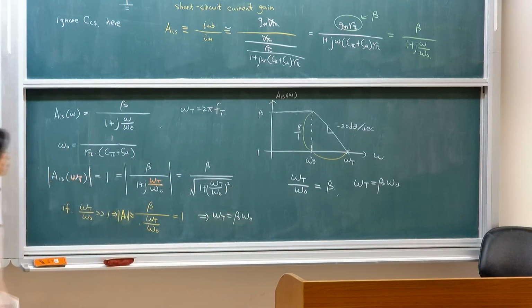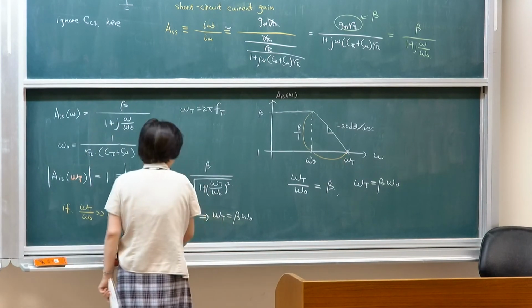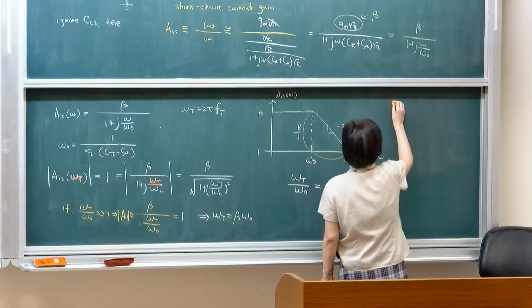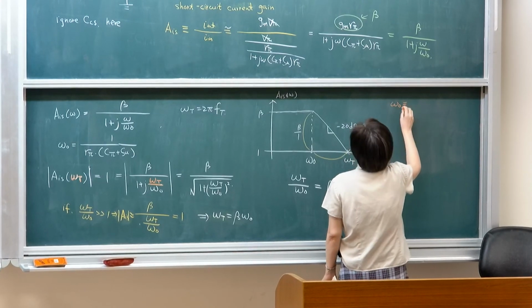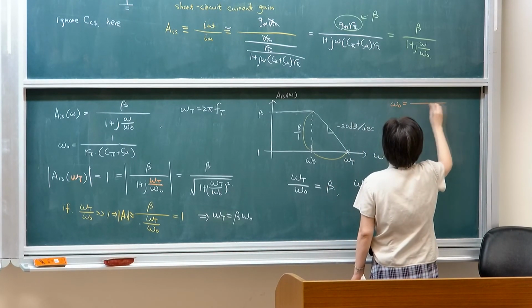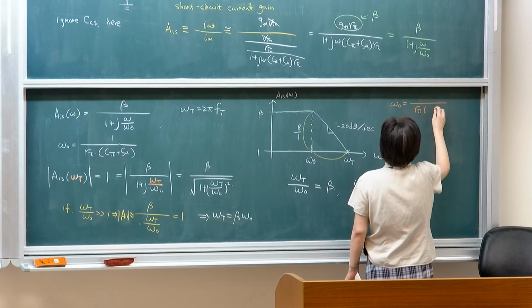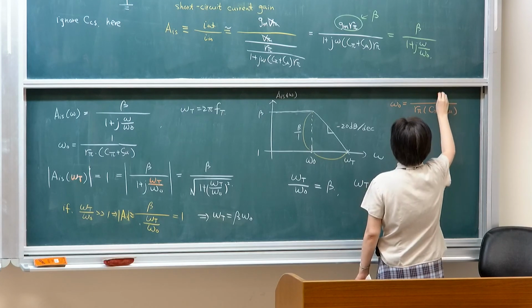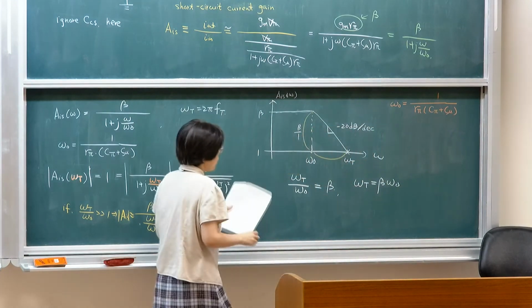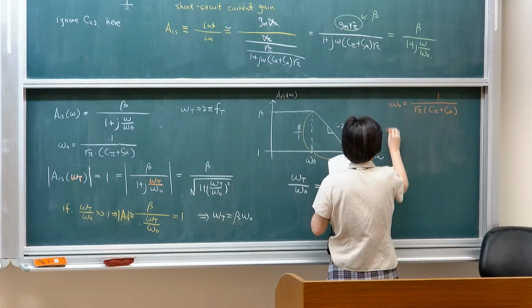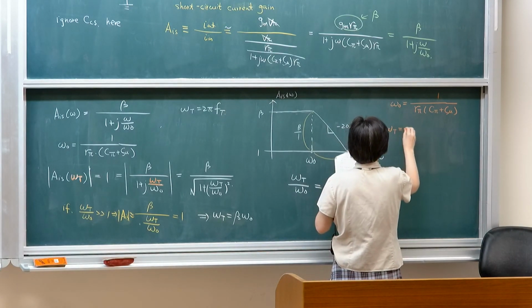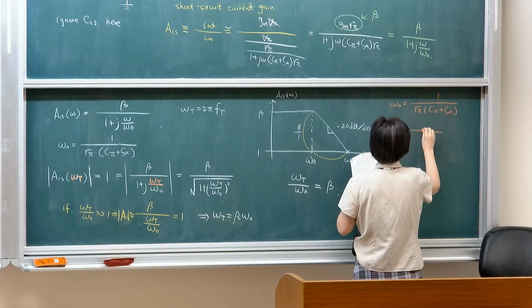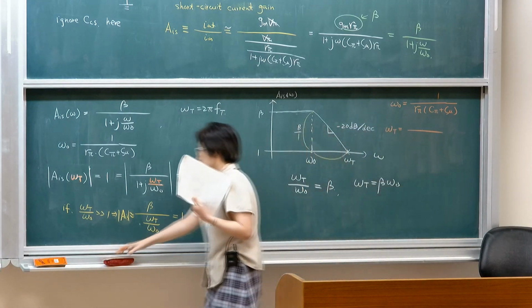So this is the same from the Bode plot or simply by the approximation based on your transfer function. If you go back and look, let's highlight what omega 0 is again. Omega 0 is determined by r pi times (c pi plus c mu) over 1. And omega t is beta times that.